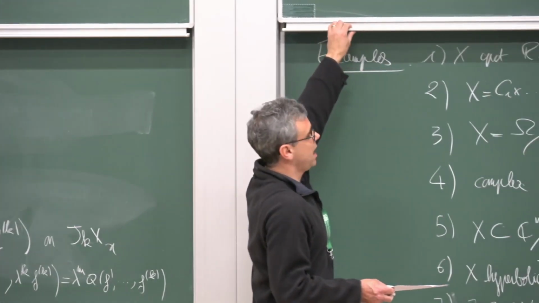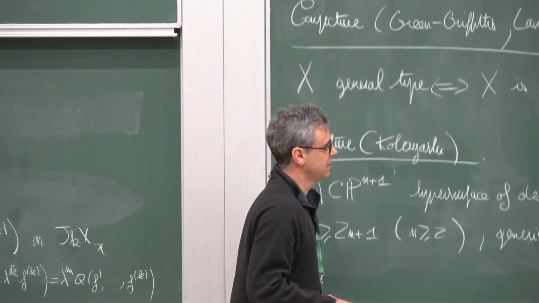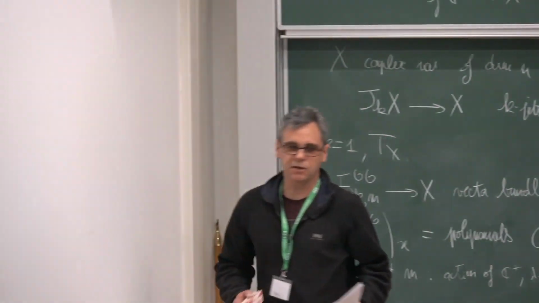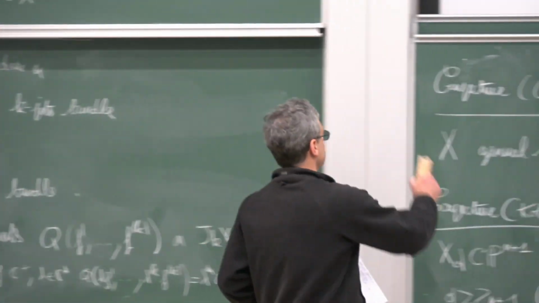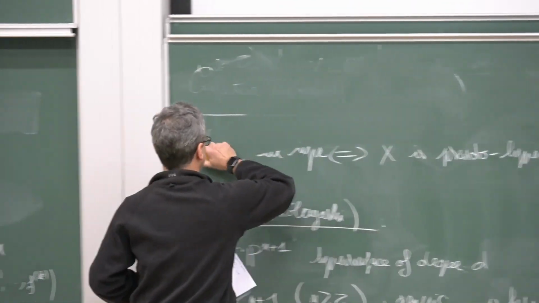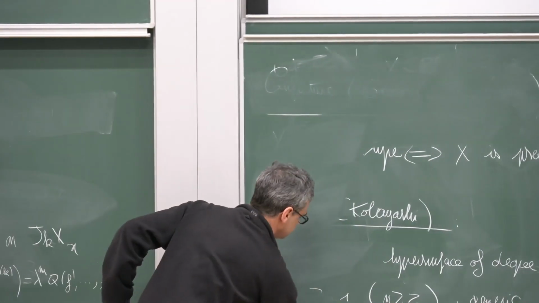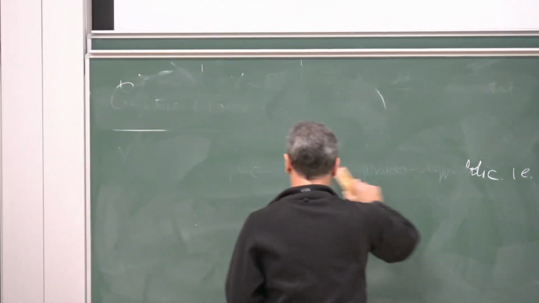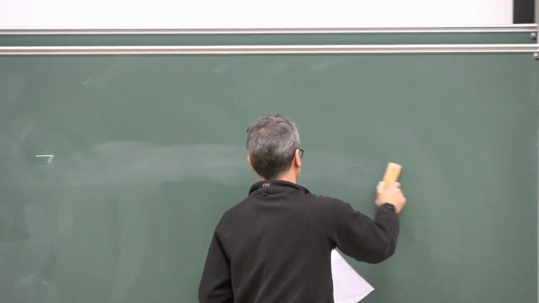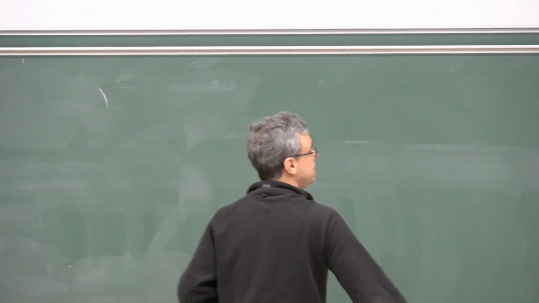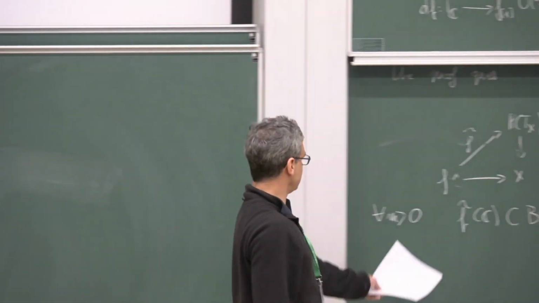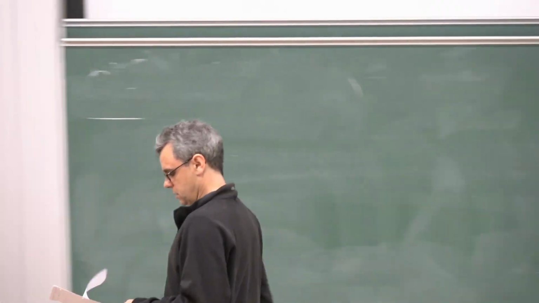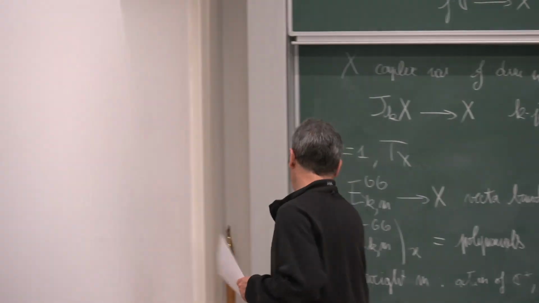Okay, and now the hope is that if you go to sufficiently high order, you can construct such non-zero sections. So we need an analogous statement to this one, which is true. It is the following statement.